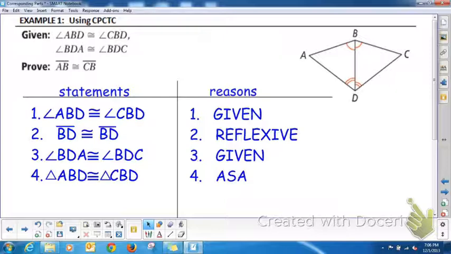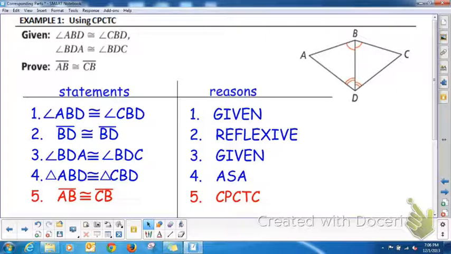And if you can prove that the two triangles are congruent, then you can prove all of their corresponding parts are congruent. So segment AB is congruent to segment CB using corresponding parts of congruent triangles are congruent, or CPCTC for short.